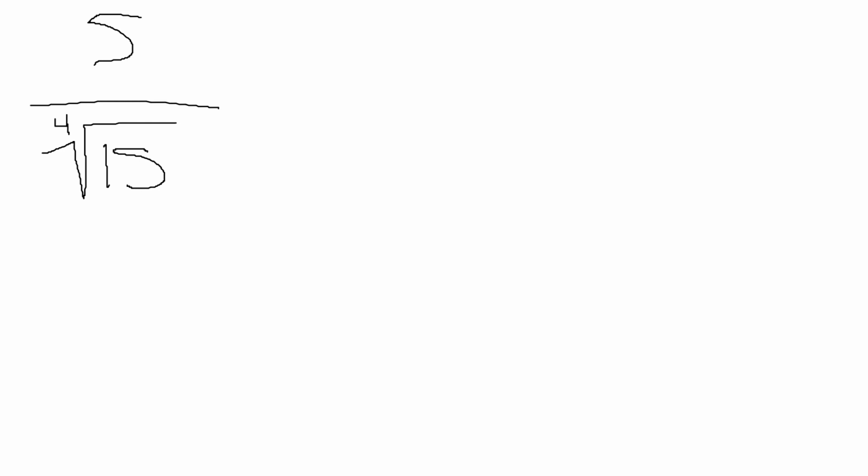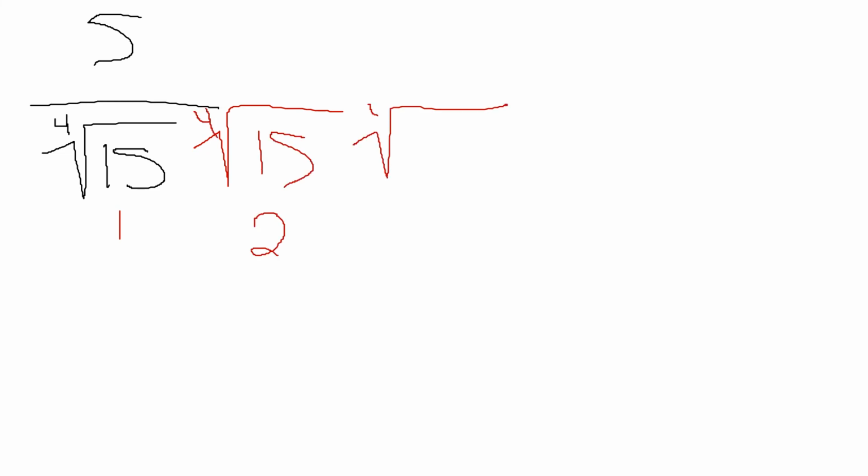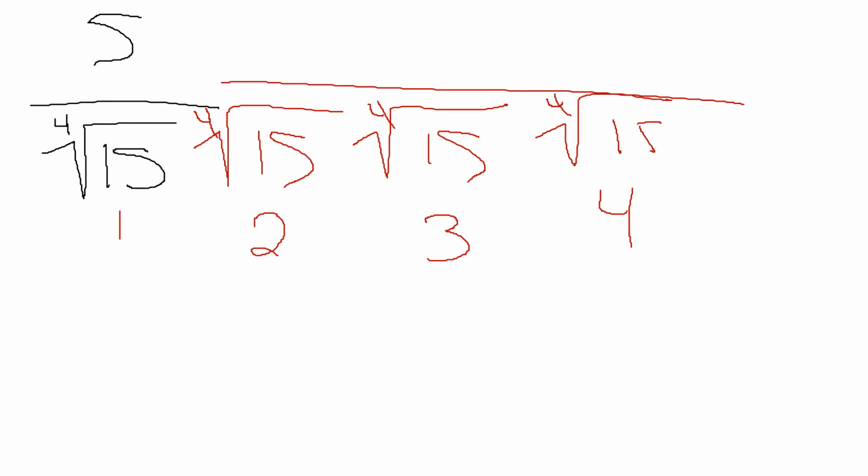All right, if it is the 4th root, that means I'm going to need a total of 4. So there's 1, 2, 3, 4. Whatever I do to the bottom, I do to the top, which means I need 3 of these on the top.